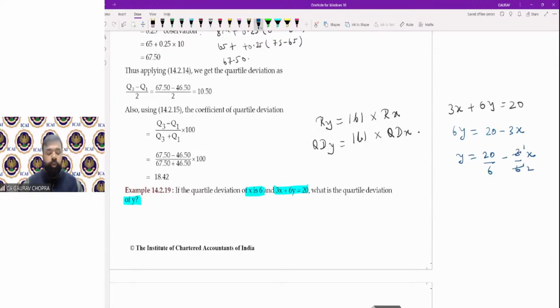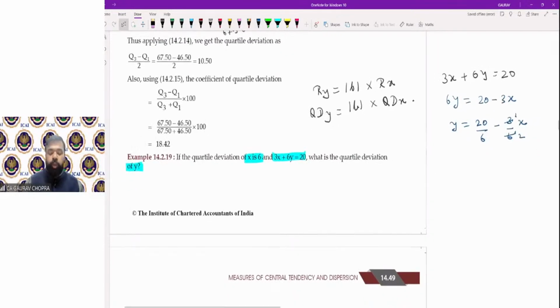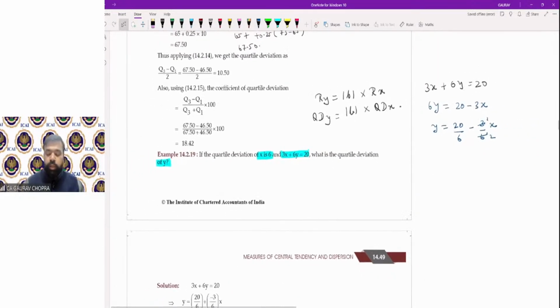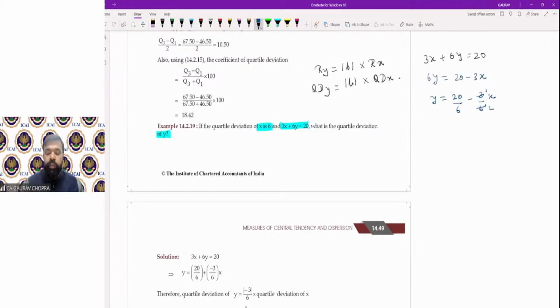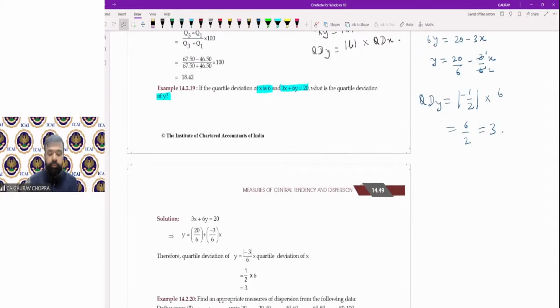After cancellation, what we are getting? 1 upon 2. So quartile deviation of y is equal to mod of minus 1 by 2 into quartile deviation is 6. So 6 upon 2, 3. 3 is your final answer.